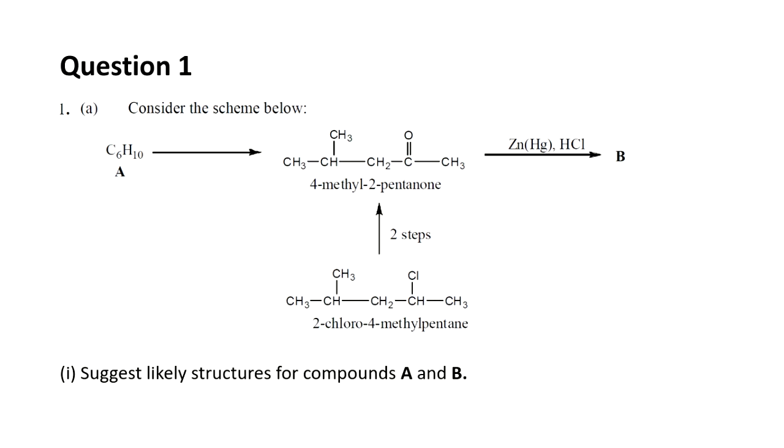It would not be an alkane at all. An alkane would be C6H14. It could be an alkyne, or it could be an alkene which is cyclic, or a structure that has double bonds present. So there are a number of combinations.